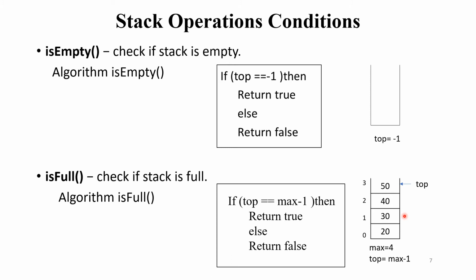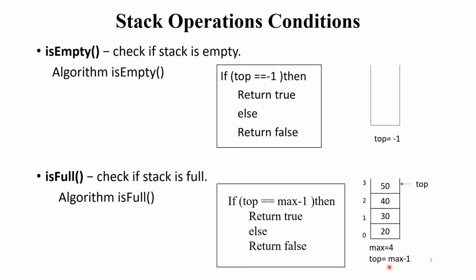Then you push the second element, then top points to the first index, then second and then third. Now top points to the last index of this stack. So here the size max is 4: 1, 2, 3, 4. Max is equal to 4 means the size of the stack is 4.